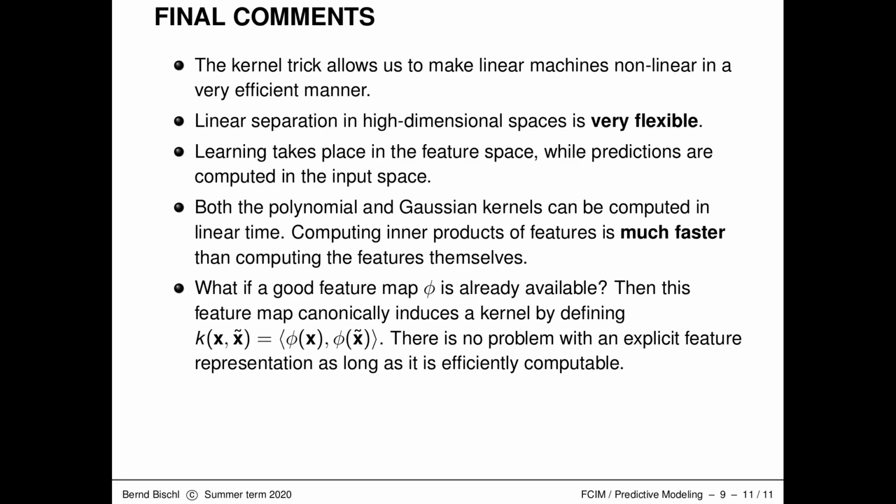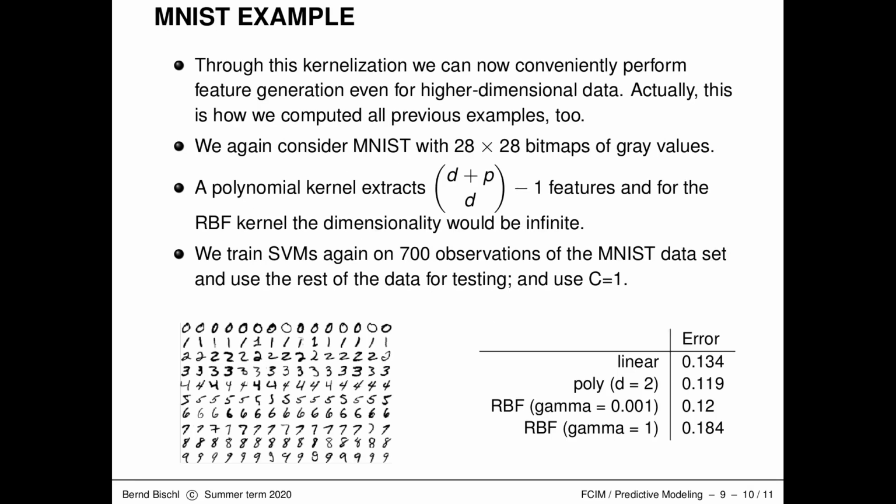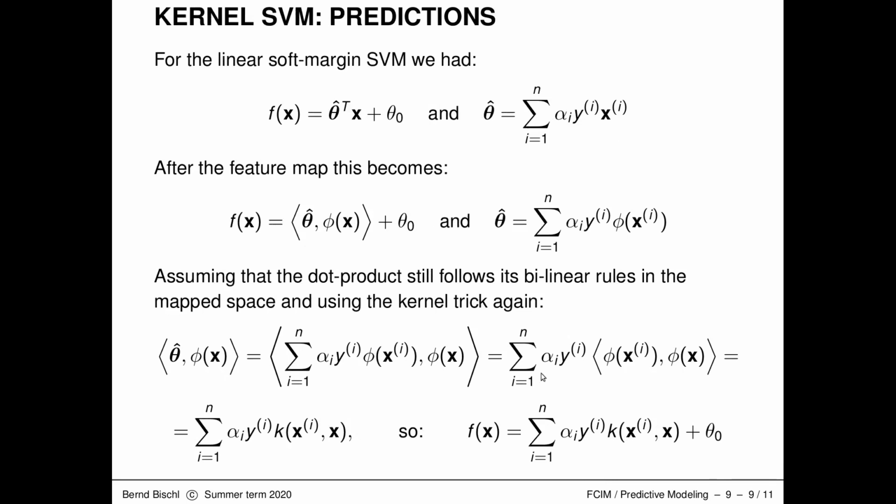You can also kernelize ridge regression, which basically gives you the same prediction function as for Gaussian processes. And using these linear machines in high-dimensional implicit feature spaces is A, quite efficient, and B, quite flexible. And learning now takes place in this feature space while predictions are actually computed again in our original input space. So how that works, I've explained here basically on this slide.